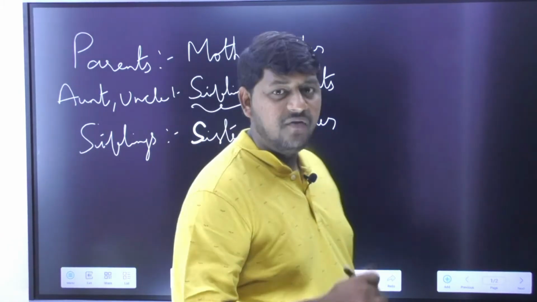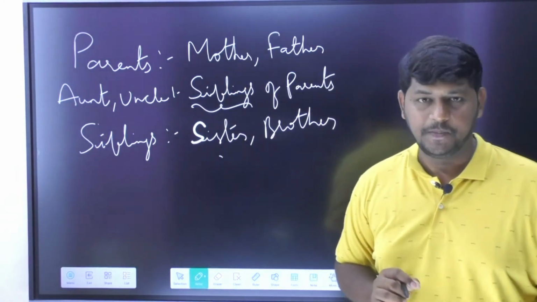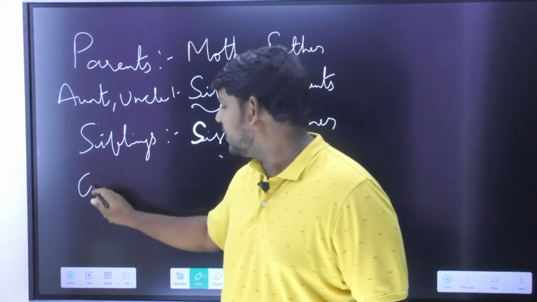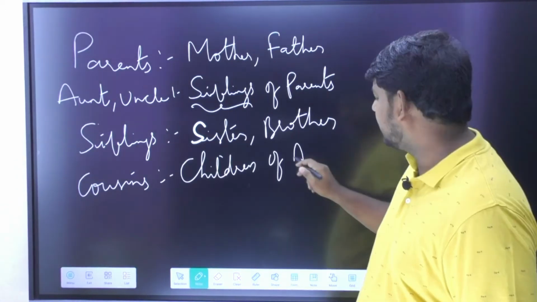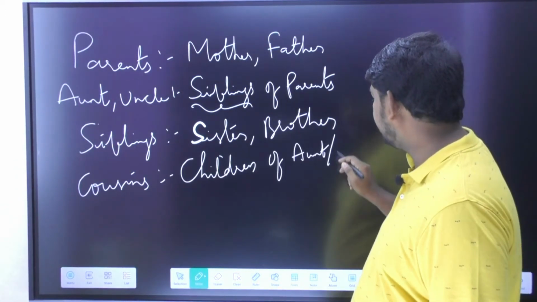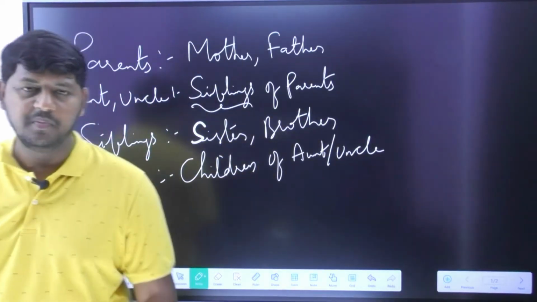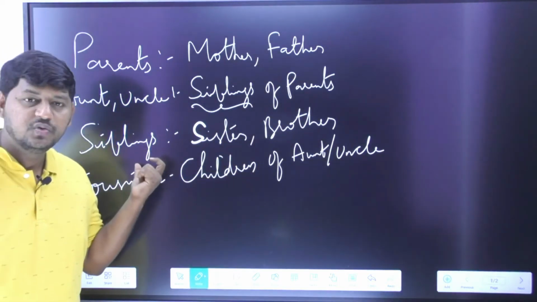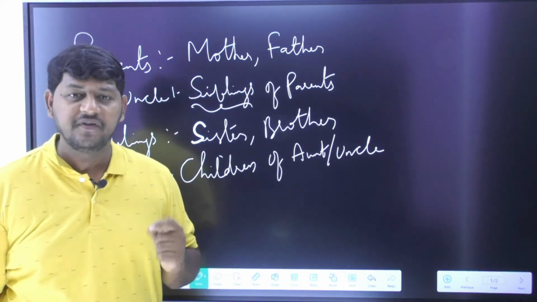Now in our generation, apart from our siblings, we have some other people, and who are they? They are your cousins. What do we call cousins? They are children of your aunt as well as uncle. This is what you are supposed to remember. When I use the keyword sibling, it is impossible to identify the gender.